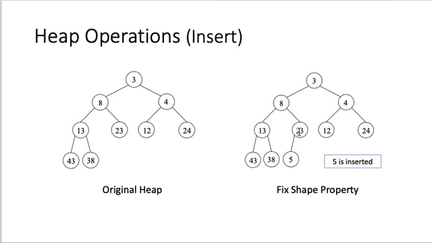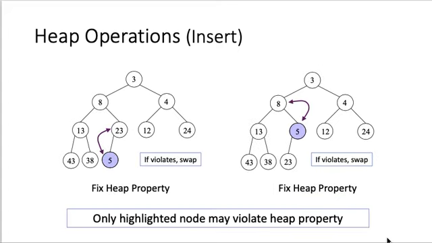So for instance, if we look at these two nodes, the parent has a larger value, which is not okay. So what are we going to do? Let's highlight the node that is currently storing the inserted value. This is the number 5 here.